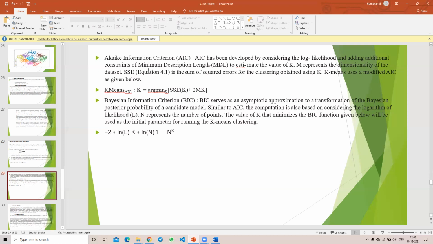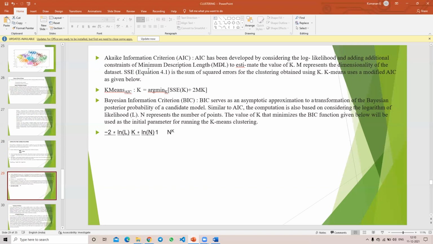Bayesian information criteria, BIC. Bayesian information criteria serves as an asymptotic approximation to a transformation of the Bayesian posterior probability of a candidate model. Similar to Akaike information criteria, the computation is also based on considering the logarithm of likelihood L. N represents the number of points. The value of K that minimizes the Bayesian information criteria function given below will be used as the initial parameter for running K-means clustering.